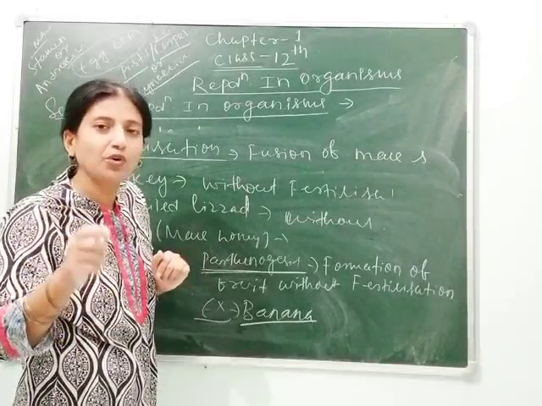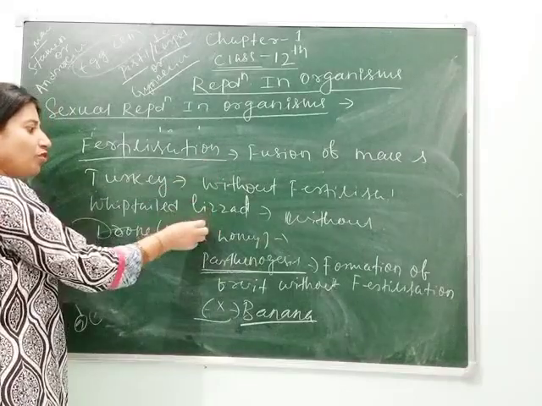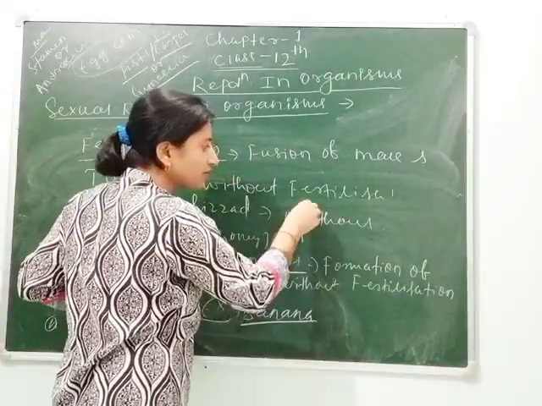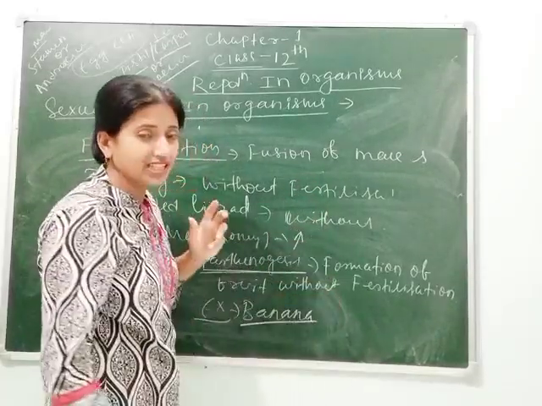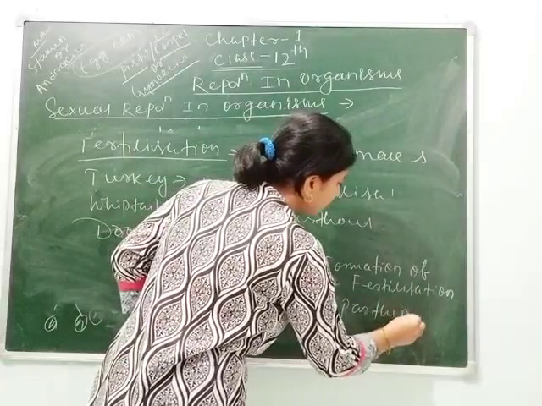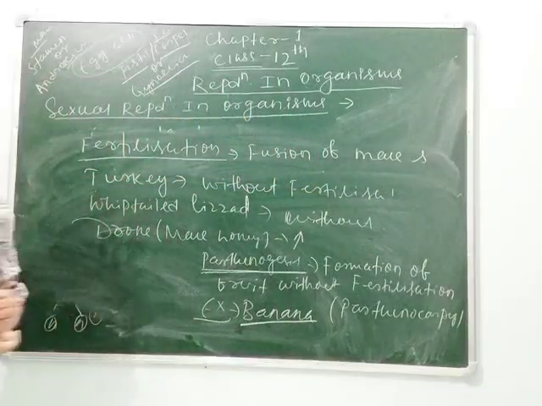Banana is a parthenocarpic fruit. But for organisms developing without fertilization, the process is called parthenogenesis, and for plants we say parthenocarpy. So banana is called a parthenocarpic fruit.